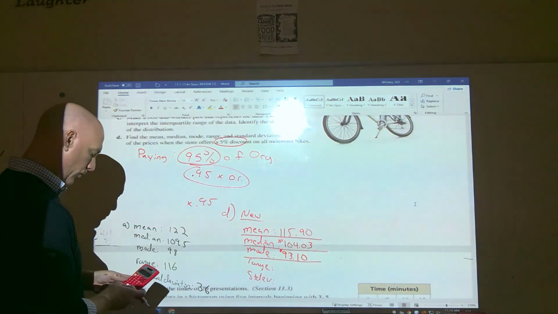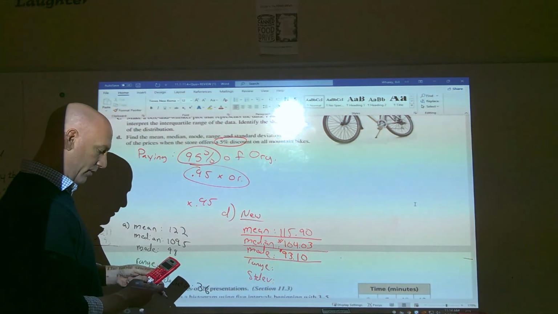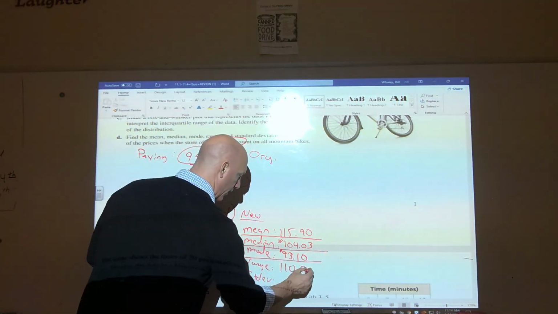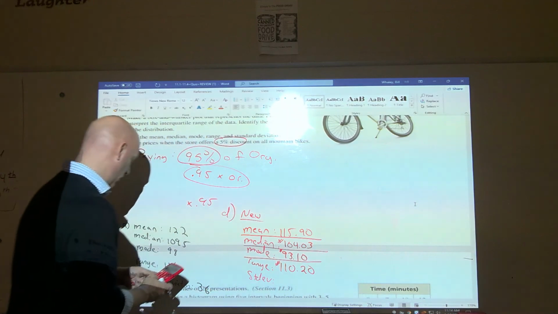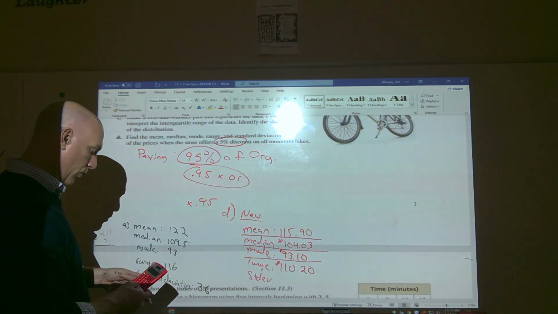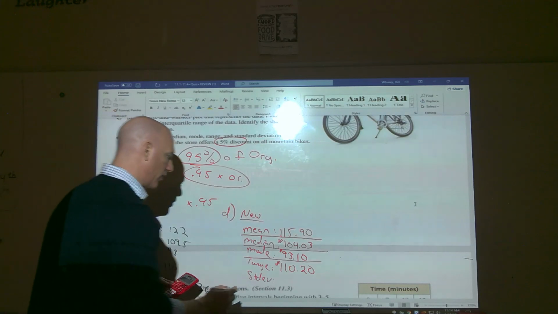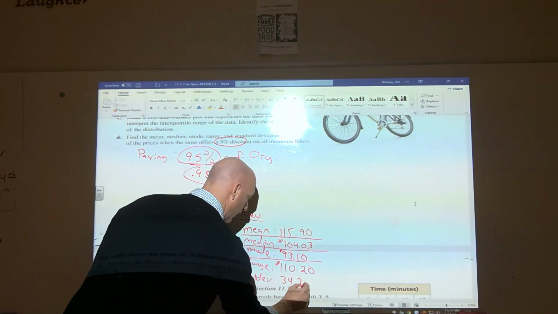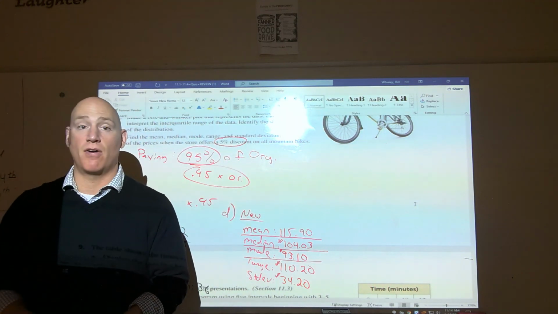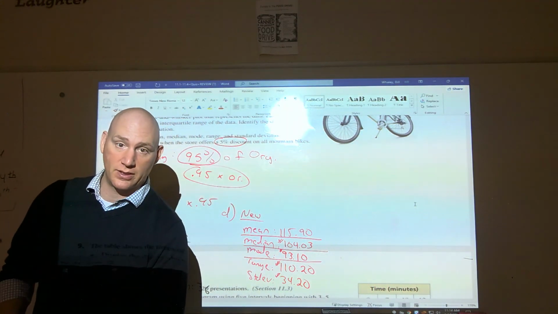Our range, 116 times 0.95. It's probably getting pretty boring to hear me say that. $110.20. Our standard deviation, 36 times 0.95, $34.20. So again, that is by far the hardest problem that we've seen so far.